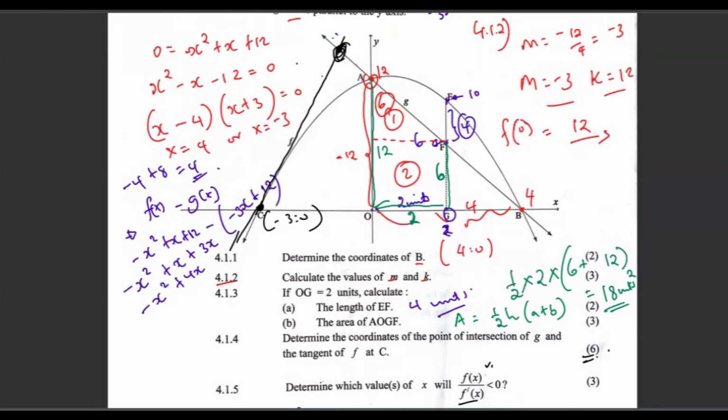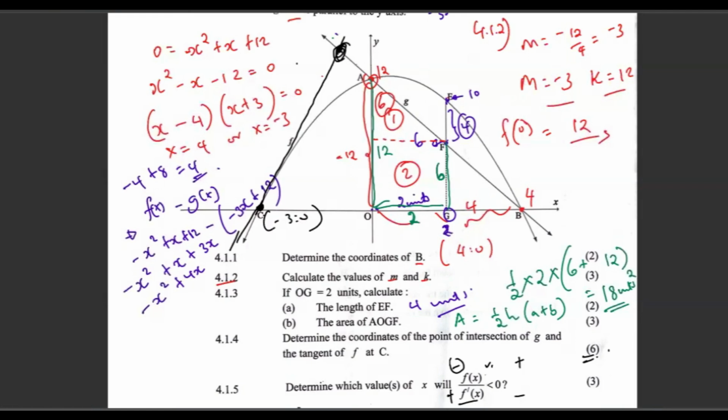Since we're looking at a negative value, the function needs to be negative, and maybe the gradient needs to be positive. Alternatively, if the function is above the x-axis, the gradient needs to be negative. What I mean by gradient is that the shape with the positive gradient should be increasing, and then the graph should be below the x-axis.